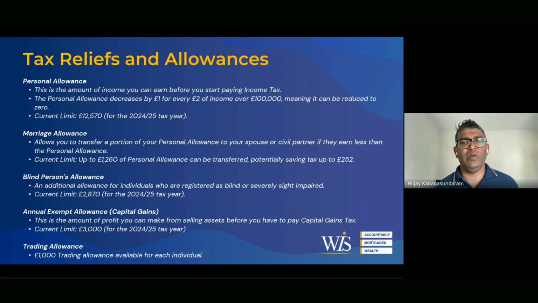Marriage allowance is, if you're married, your spouse can transfer part of the allowance to you, up to 1,260. The key point is, you have to be a basic rate taxpayer, so it's not that significant, but something for you to think through. Blind person's allowance: if you are registered as severely sight impaired or blind, your current limit is 2,070, so you have an additional allowance for blind people too.